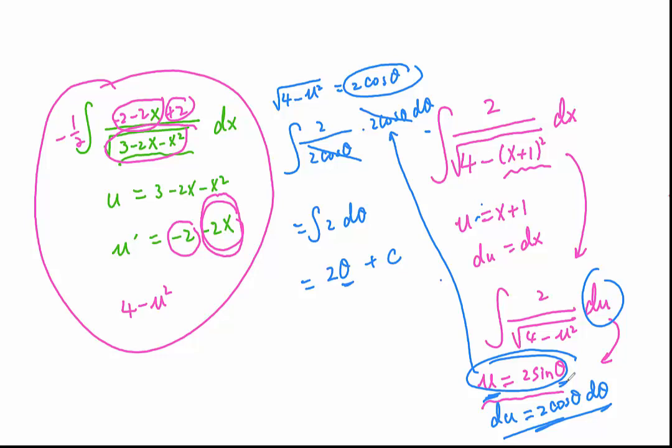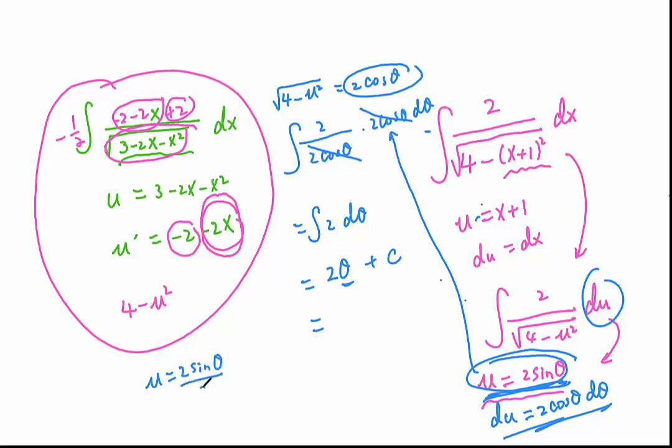Our definition is 2 sine theta is u. So what is theta in terms of u? Arc sine of u over 2. Starting from here, u equals 2 sine theta.